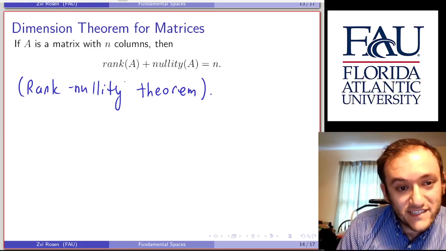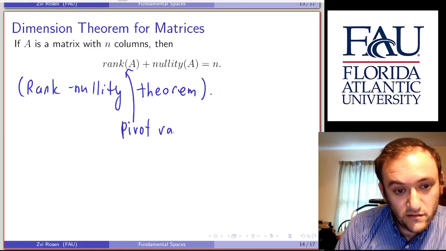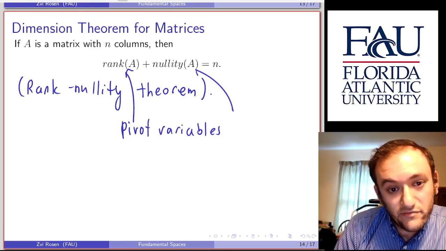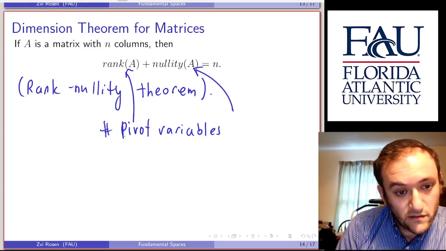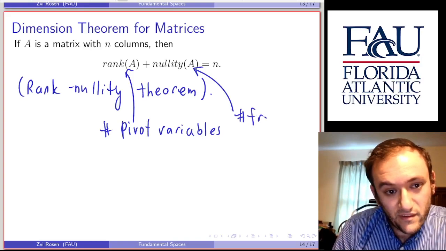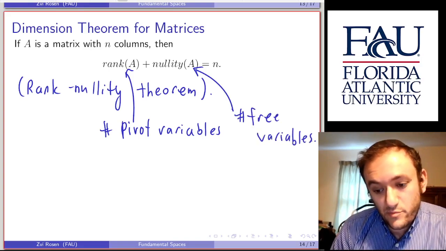This makes perfect sense because this is the number of pivot variables, each of which occupies a column, and this is the number of free variables, which are the other columns in the matrix, right? So this makes perfect sense.